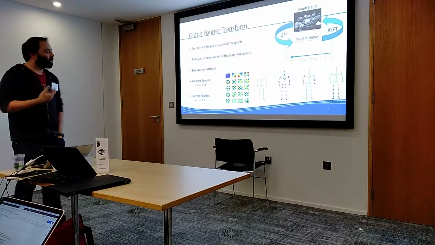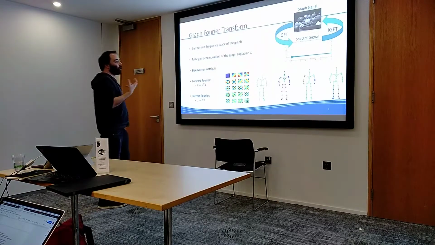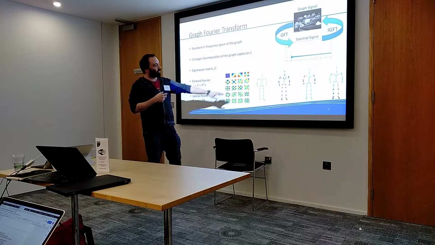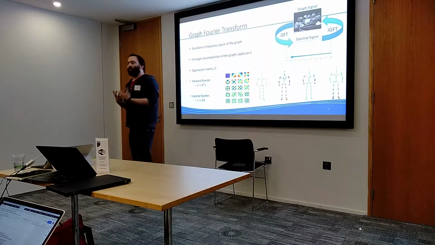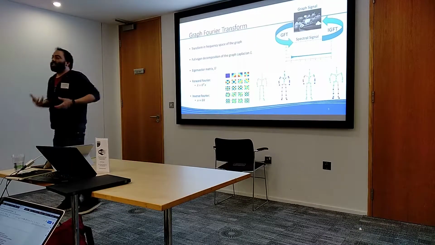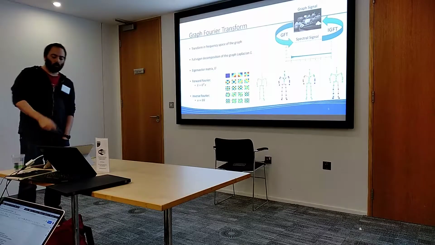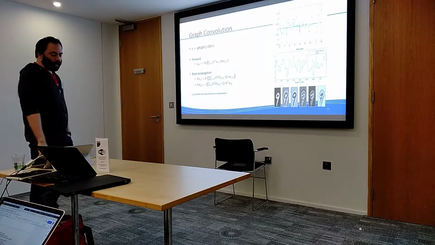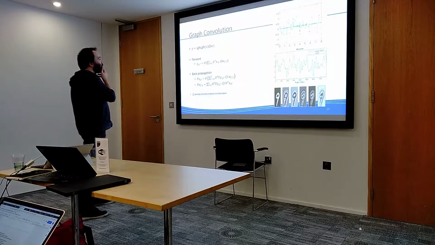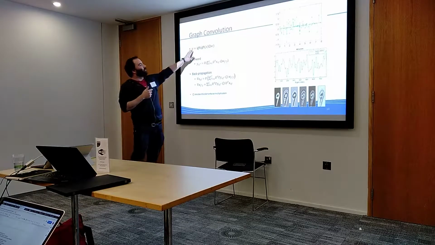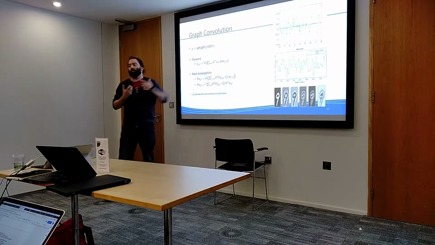Okay. And these eigenvectors show nice structures within our data. So if we have the human skeletal graph, we can see frequencies related to the overall body, arms, legs, the left side of the body, the right side of the body, all of these things. And then we have the ability to do a filtering operation in the spectral domain.